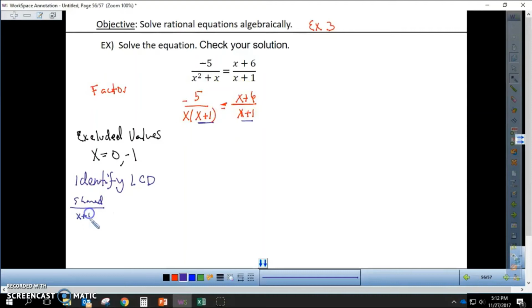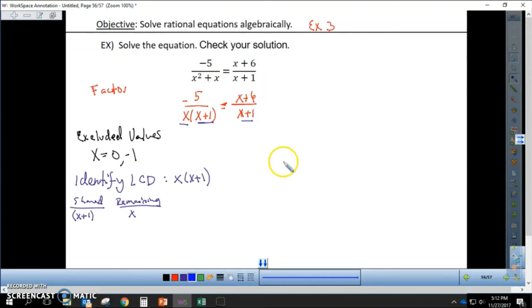So I have x plus 1, that's a shared factor. And then you also need your remaining factors, which is just x. Okay, so here our LCD is x times x plus 1. And I prefer it in this format as opposed to this format, and you'll see why here in a moment.